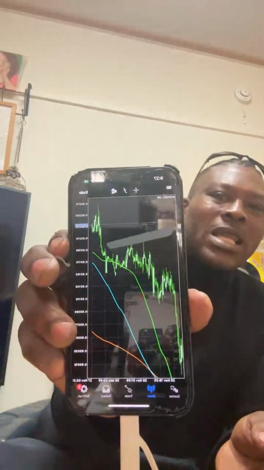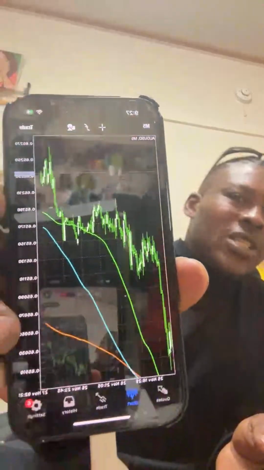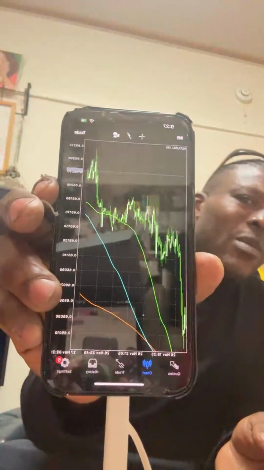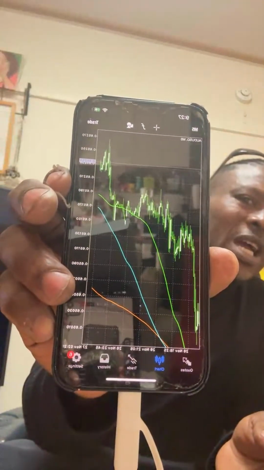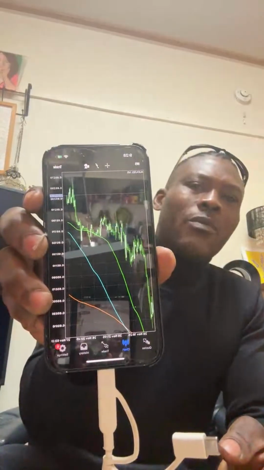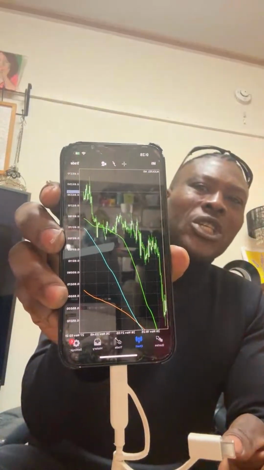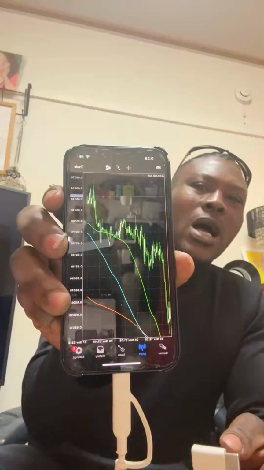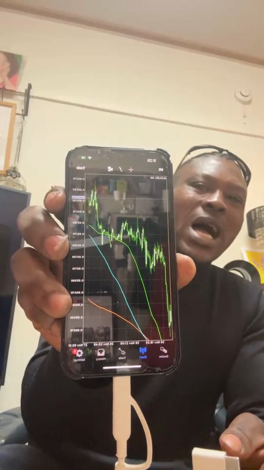Now I am looking at the 5 minute time frame of the Australian USD, and we have seen that all of the price and the moving averages have gone above the 200 moving average. Which means what?